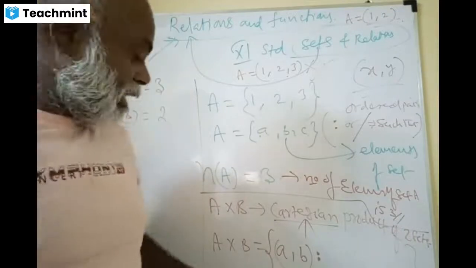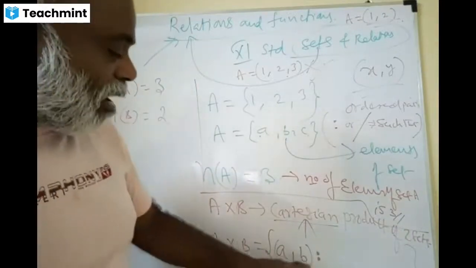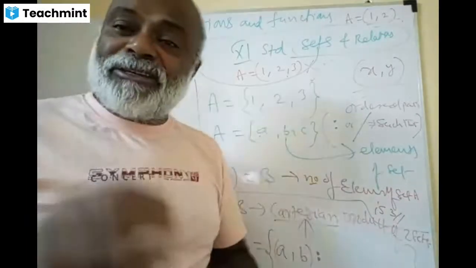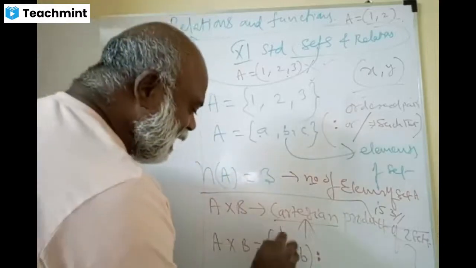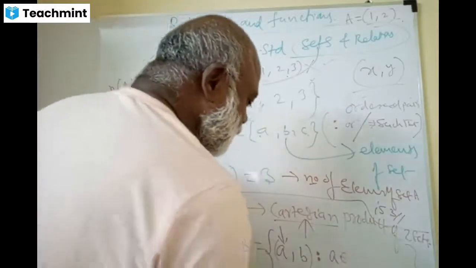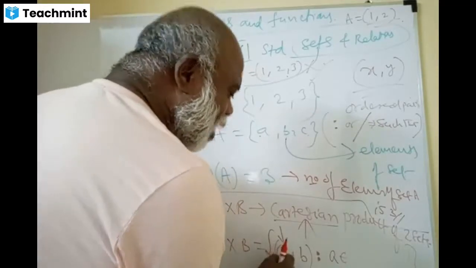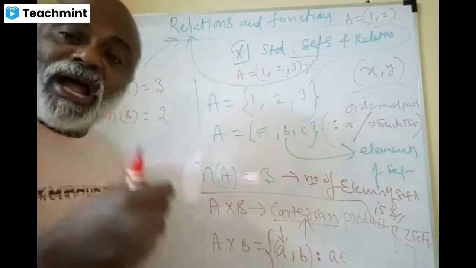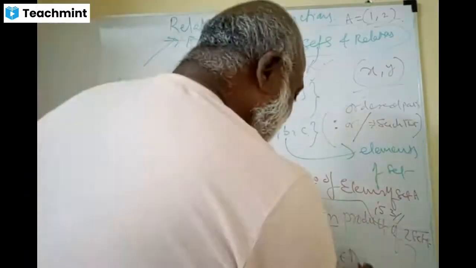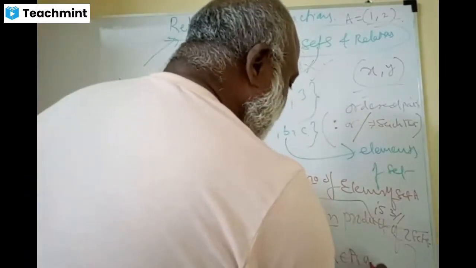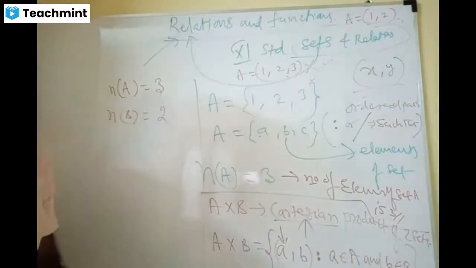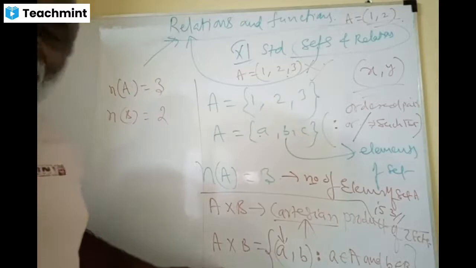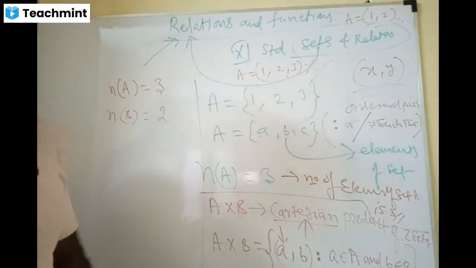A cross B is a set of ordered pairs such that the first element of the ordered pair belongs to A, and the second element of the ordered pair belongs to B, dears. Is it clear now?